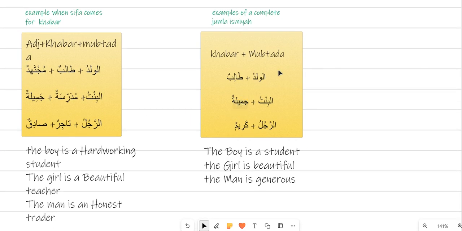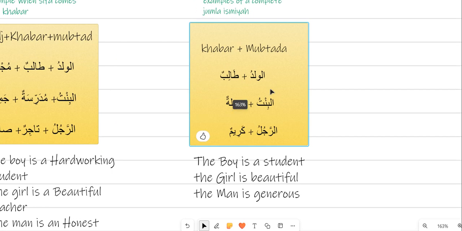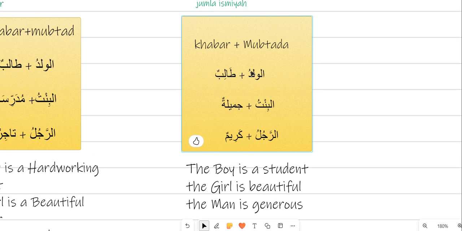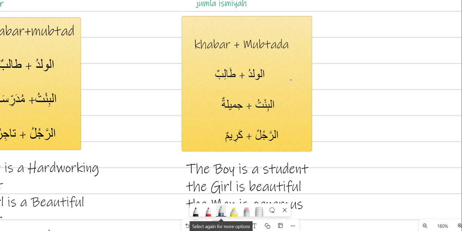You can see the harakas here, single haraka on the mubtada and talib. A single haraka dhamma on walad, this is mubtada, and we have a khabar, the information about the boy that he is a student. You can see the translation is, whatever coming after is khabar, and before it is mubtada.